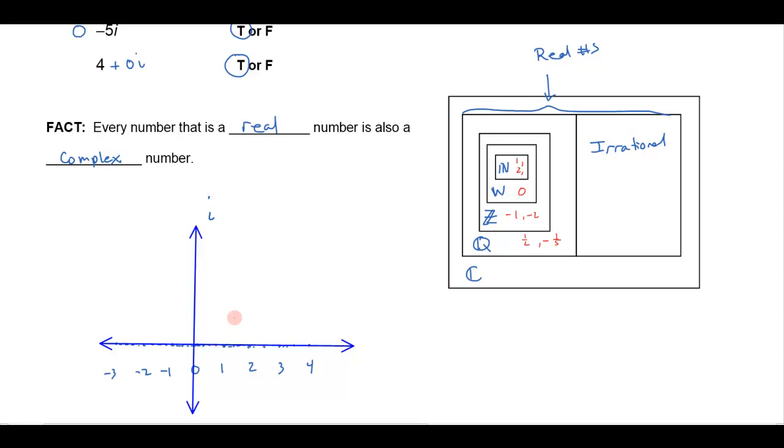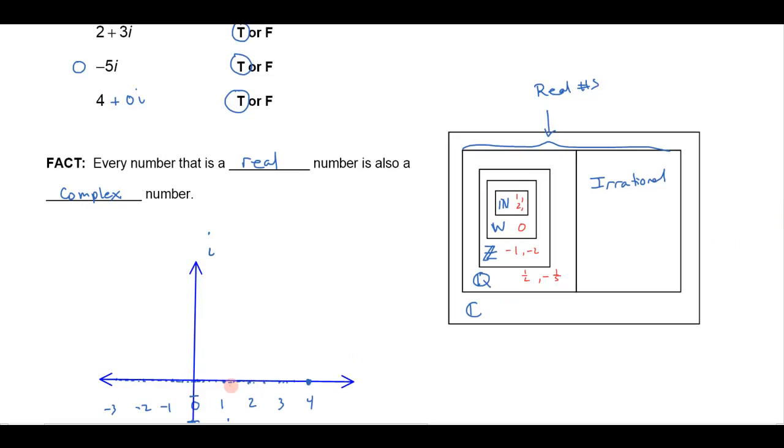Okay, and then I could think of numbers, like here's the number 4, it's over here, and -2i would be right here. And then if I wanted the number 2 plus 3i, this would be 2, and then I could come up in the i direction. This would be the single number 2 plus 3i.